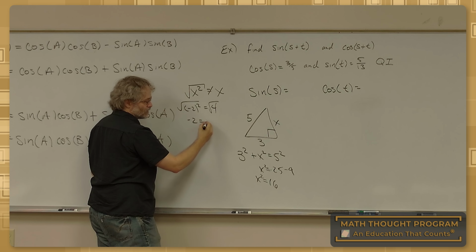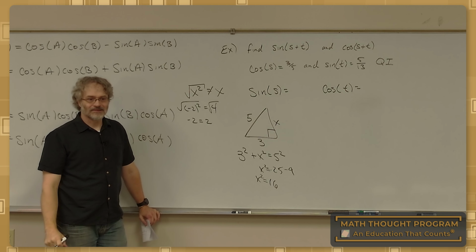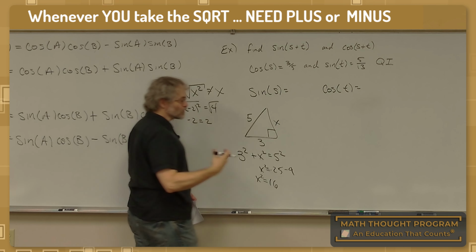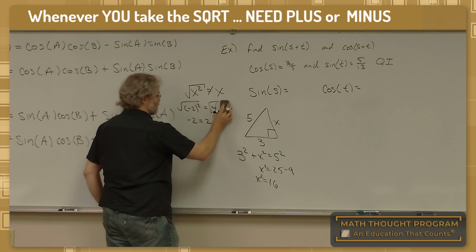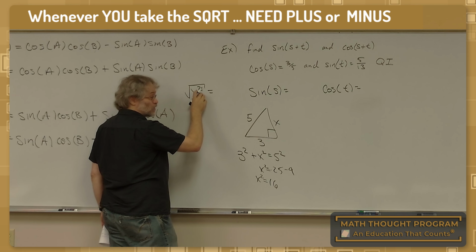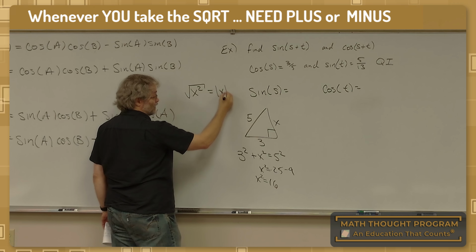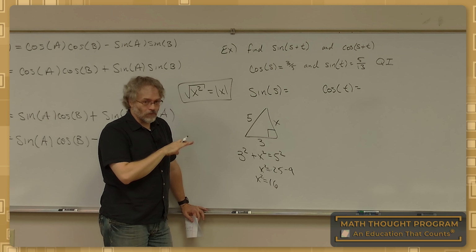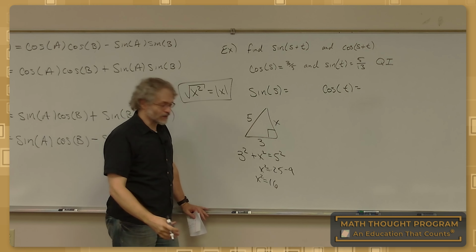Would you say that those two things are the same then? No. So whenever you are taking the square root, again, you do have to say plus or minus because the square root of x squared is really the absolute value of x. So I've got to decide, am I taking the positive case or am I taking the negative case?